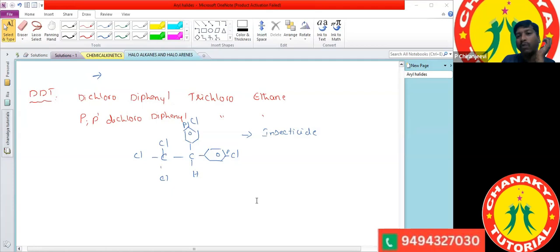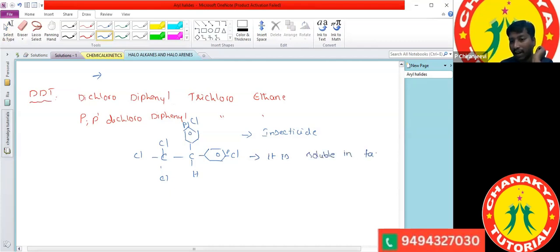So at that time, what happened to plants and water animals? Fishes are there. Actually, DDT is highly soluble in non-polar solvents. DDT is soluble in fats.